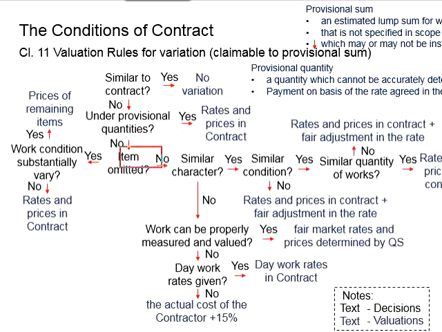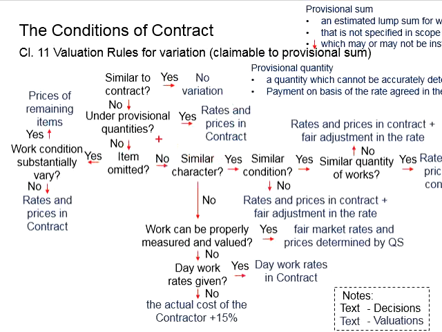Let's say now there are no omissions. It is either simply a change of the scope of work or additions to the existing scope of work. Then we will need to look into the character and conditions of the relevant works. If the character of the relevant works is similar, that means we can acquire some guidance from the contract as a basis for the payments to the contractor.